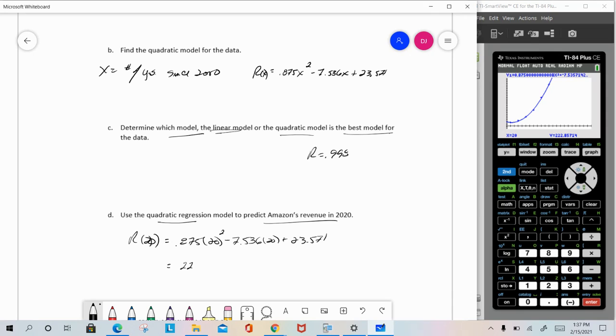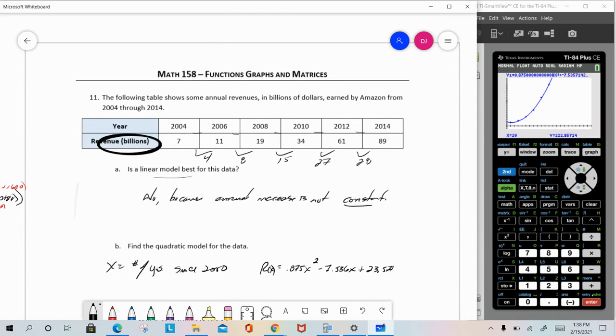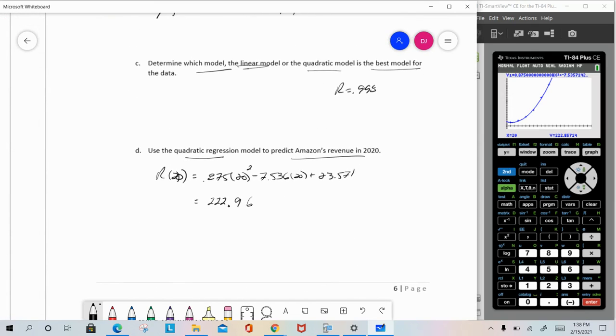Amazon's revenue would be 222.9, wait for it, billion. We would expect that in 2020, Amazon's revenue was $222.9 billion.